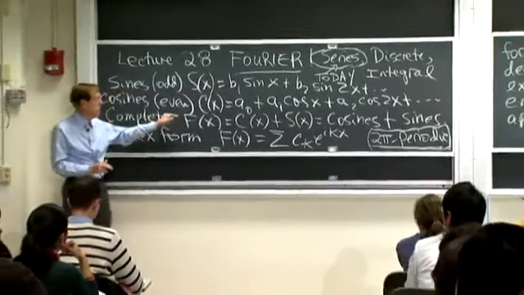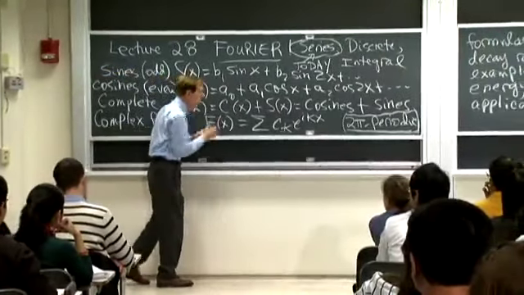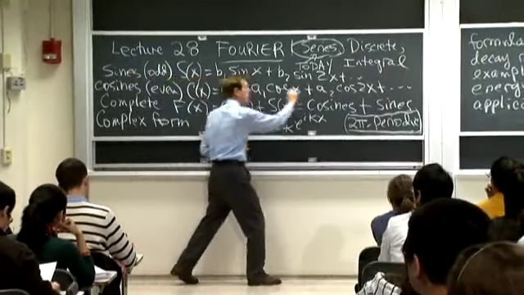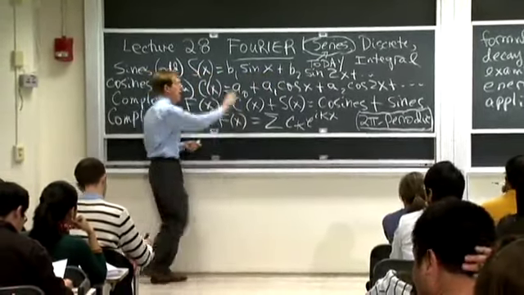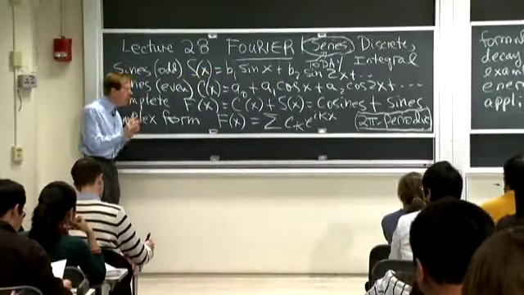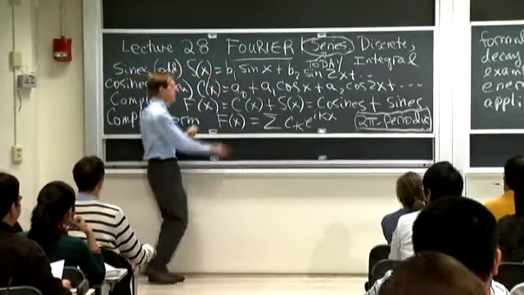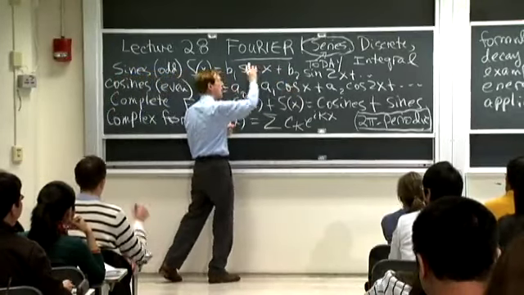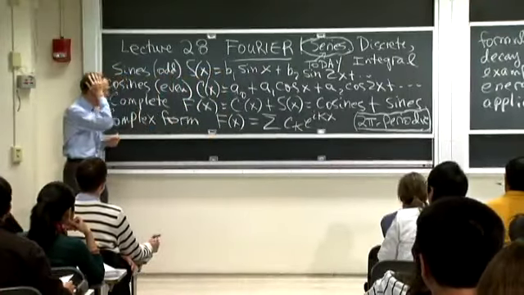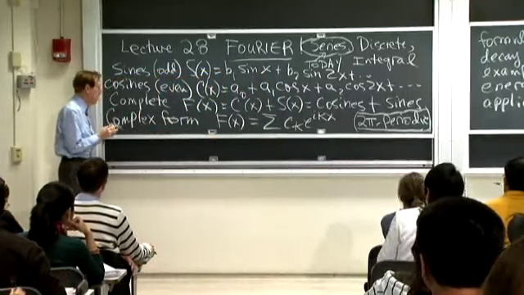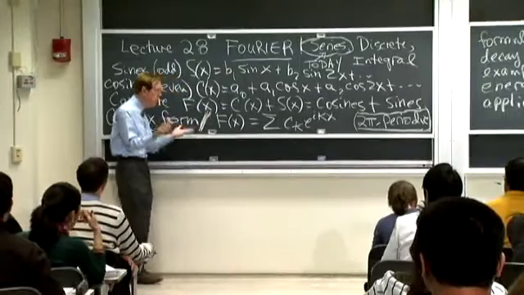So this is the standard Fourier series, which I couldn't get onto one line, but it has all the cosines, including this slightly different cosine of 0, and all the sines. Because it has these three different pieces, the constant term, the other cosines, and all the sines, there are three slightly different formulas. It's actually nicest of all to use this final form, because there's just one kind of term.